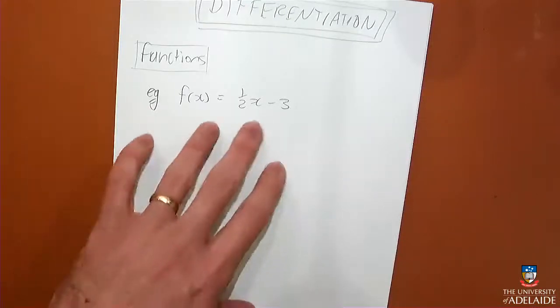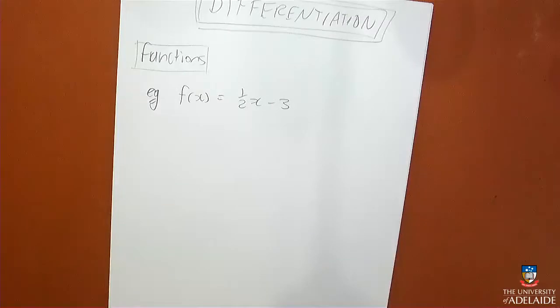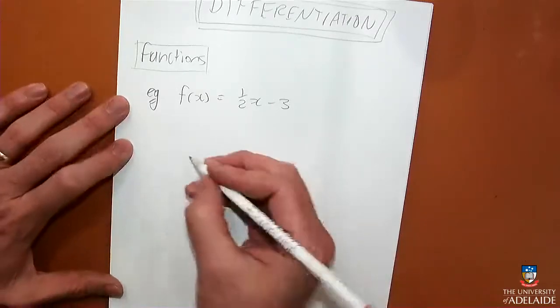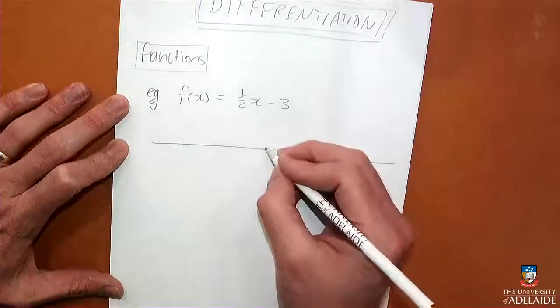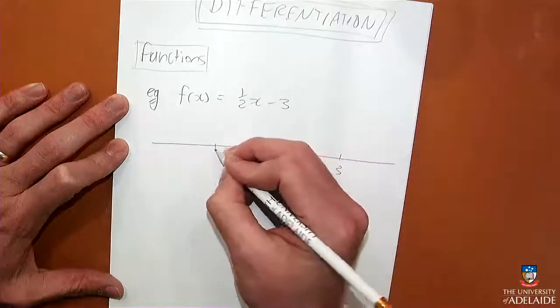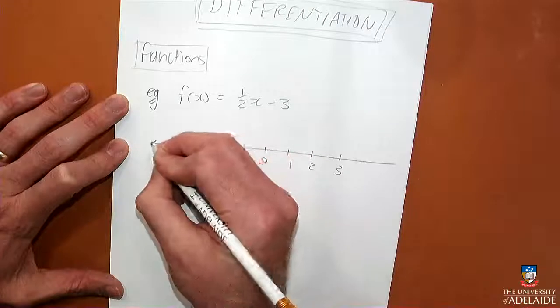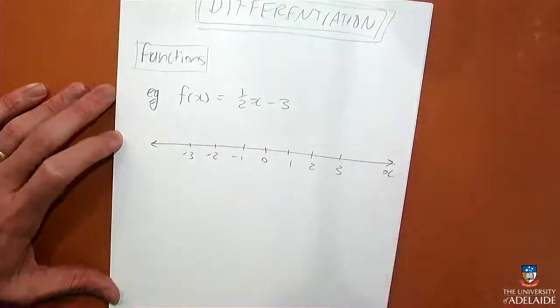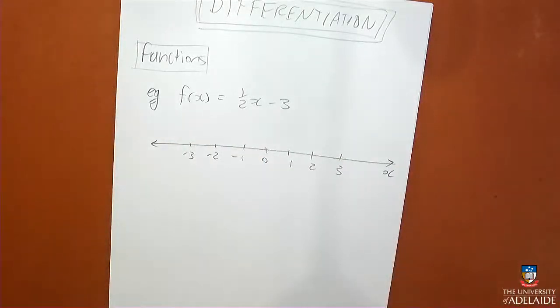This formula allows us to calculate what the value of the function is at various points. So for example, if I write down what this is at various places, there's a number line for all the values of x, and I could sub that number into the formula and get various values for what the function works out to be.